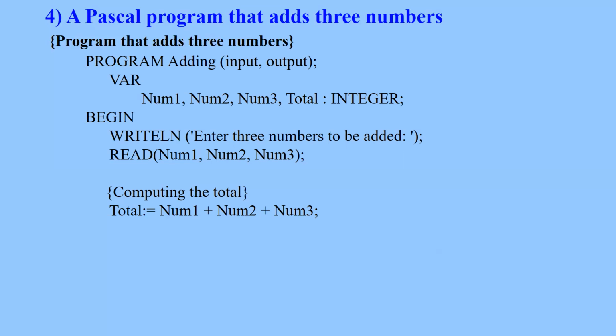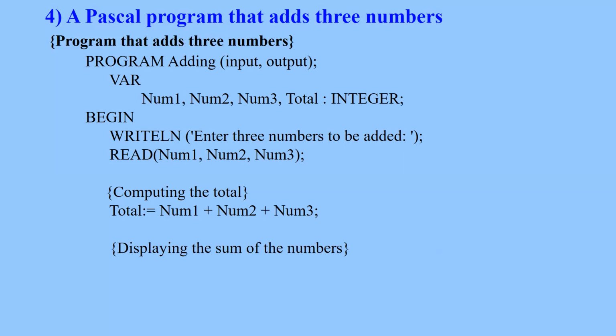So the total after adding the content of num3, num2, and num1, whatever you get as the sum, store it in memory location total. Assign it to the memory location called total.